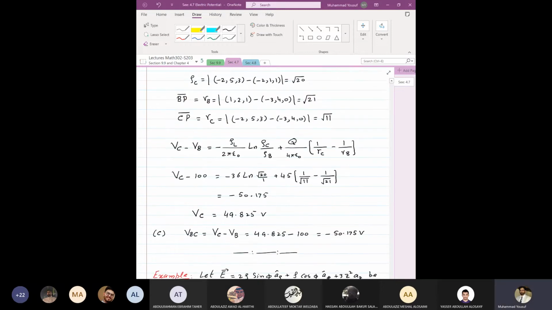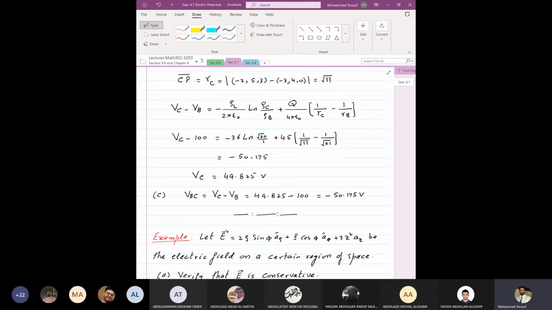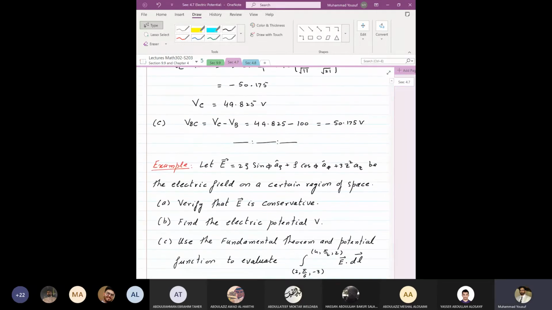So this was one thing. And then we have done this example in the previous lecture in which we have another type of things. Let E be the electric field given by this vector field on a certain region of space.